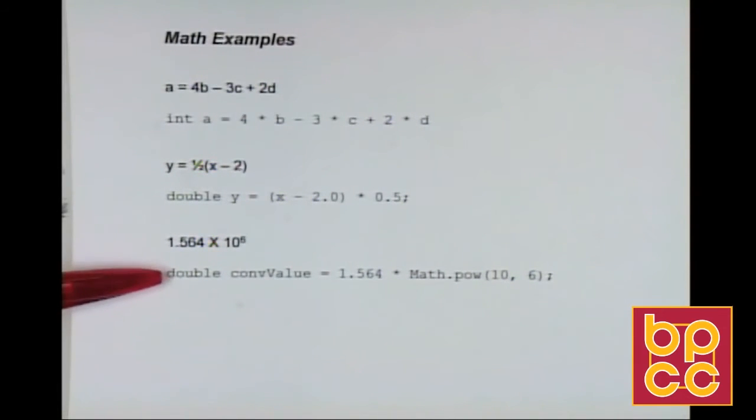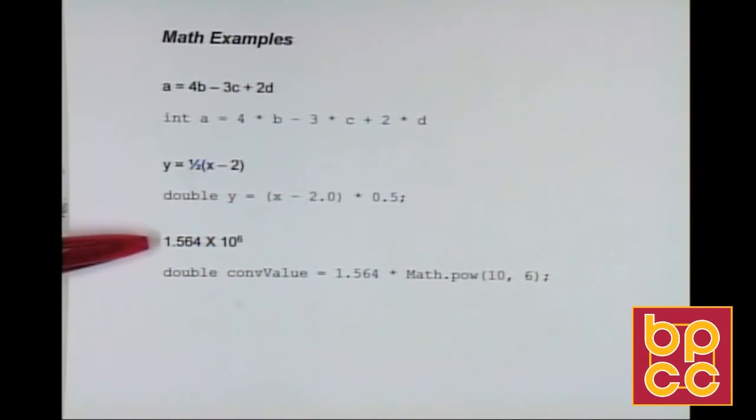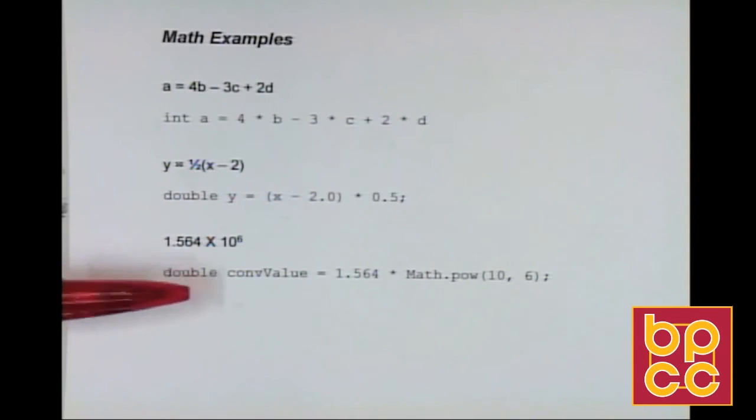Then right here, let's say we want to do an operation like 1.546 times 10 to the 6th power, which is your standard scientific notation. Here I'll do converted value.